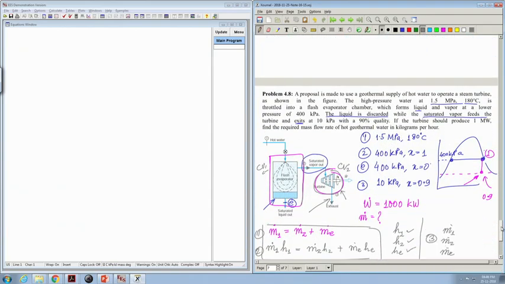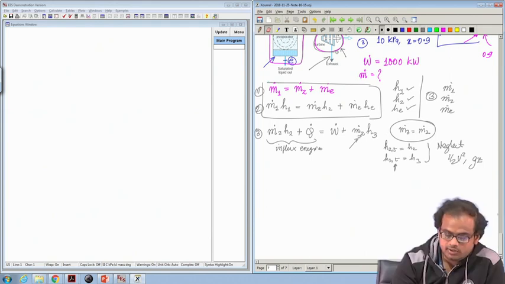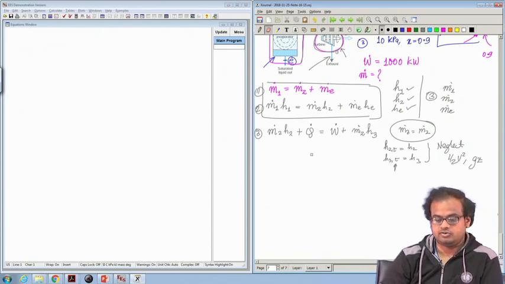We can neglect the half V square and gz contributions from the total enthalpy, and we can simply write it in terms of the enthalpy. We don't need to account for the kinetic energy and potential energy.